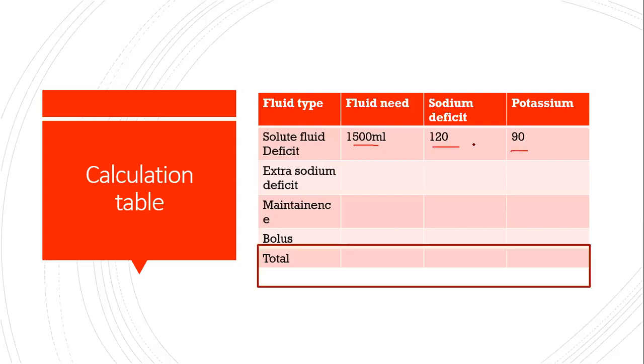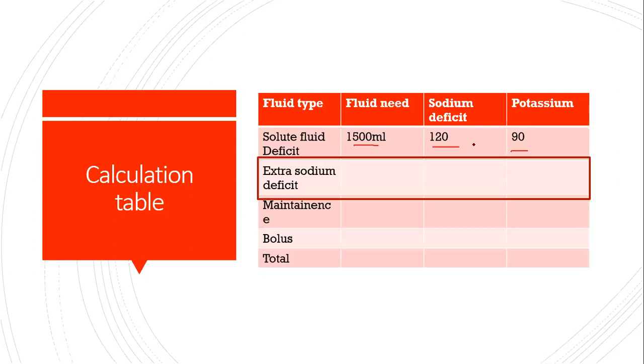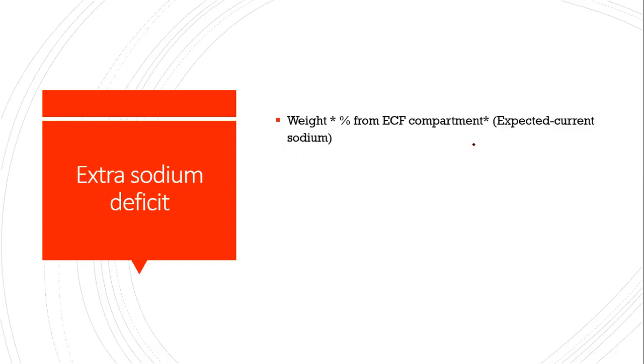Next, what should you calculate? You need to calculate this extra sodium that has run out of the body. To calculate that, this is the formula that is used: weight into percentage from extracellular fluid compartment. You are taking ECF because that is the compartment where sodium is maximally present, into expected minus current sodium.